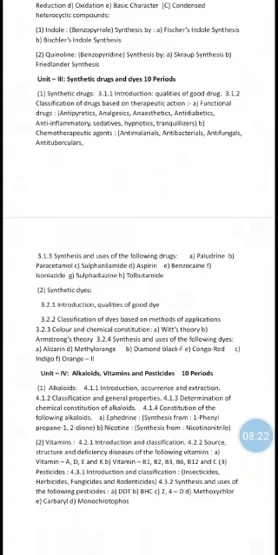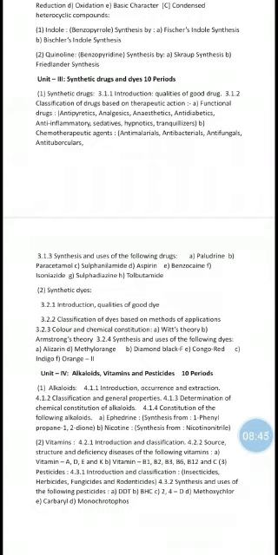Now, we use many dyes for various purposes in our day-to-day life, and the preparation, synthesis and uses of dyes we have to study in this topic.